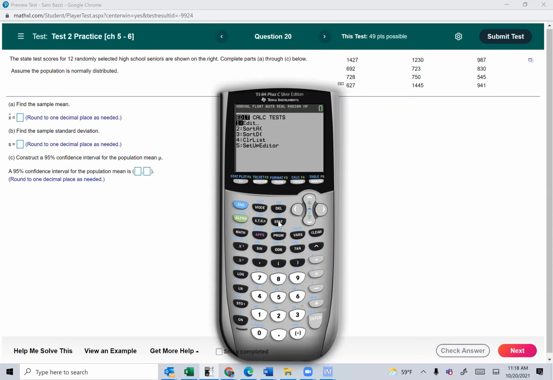So we go to stat, edit. If you guys want to clear L1, I'm going to clear it right now and put the numbers in. So let's do them together. 1427, 1230, 987, 692, 723. Please keep an eye, guys. If I make a mistake, let me know.